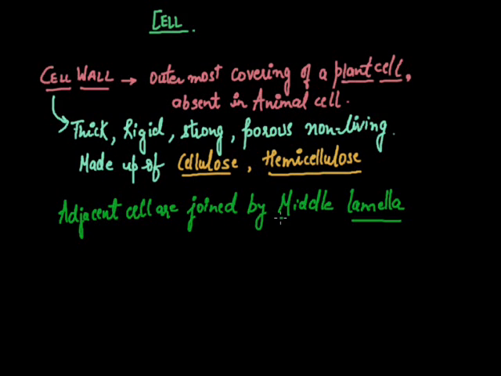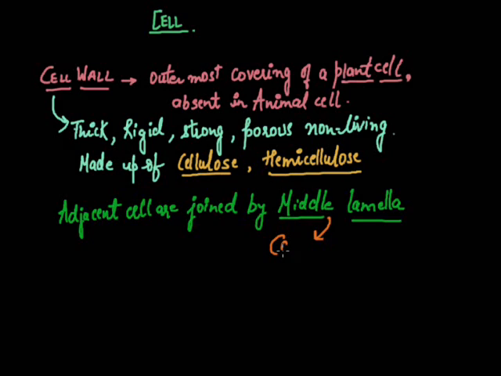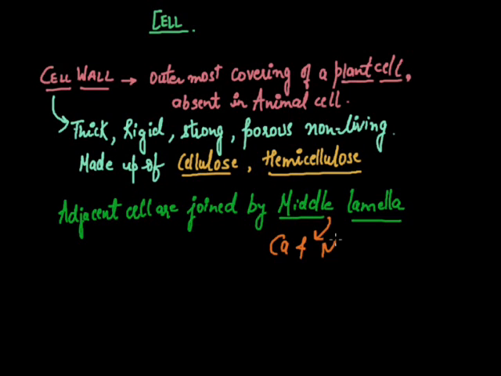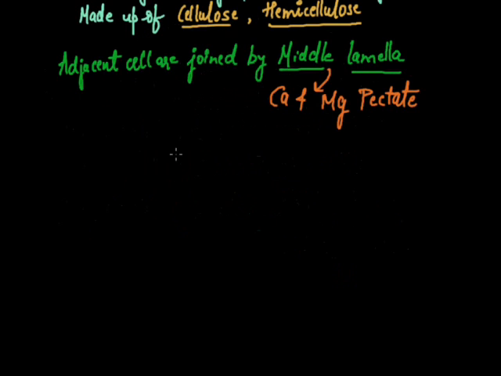So it is present between the two adjacent cells. It is a cementing layer. It is made up of calcium and magnesium pectate. Suppose this is a cell, this is a cell, this middle portion through which the cells are joined to each other is called middle lamella.